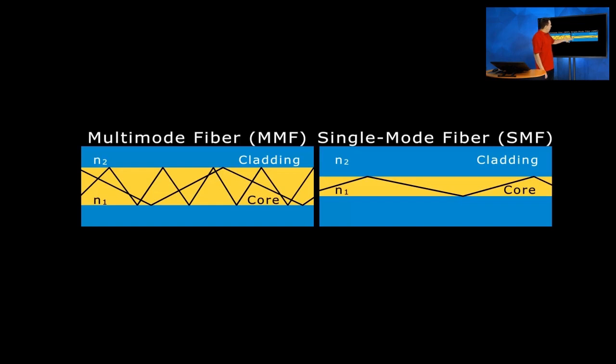We have these N1 and N2 values here, which are going to be specified by the manufacturer of the cabling. Based on these N1 and N2 values and using your scientific calculator, you'll be able to figure out your optimal values and optimal bends that you can have with your fiber optic cable to make sure that you don't have light leaking out of the core into the cladding.